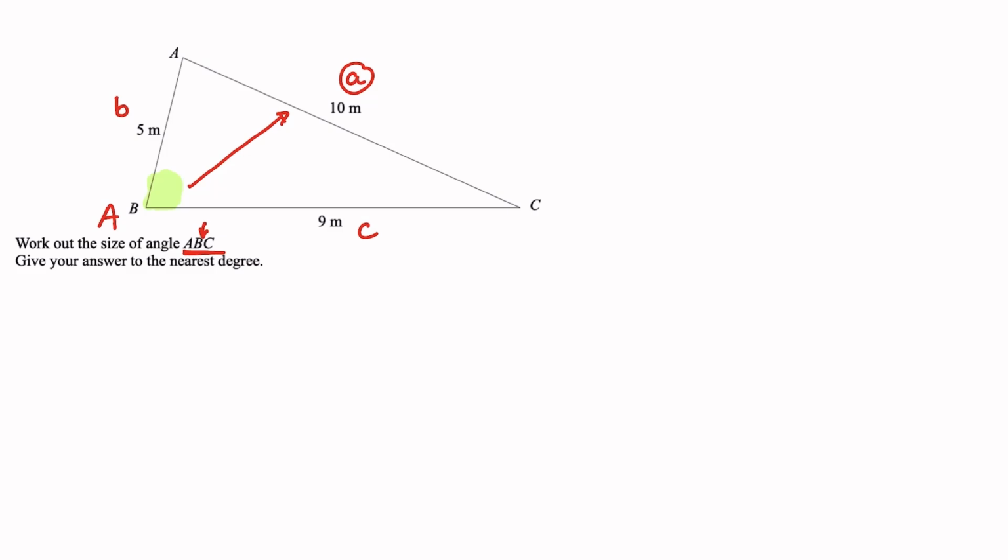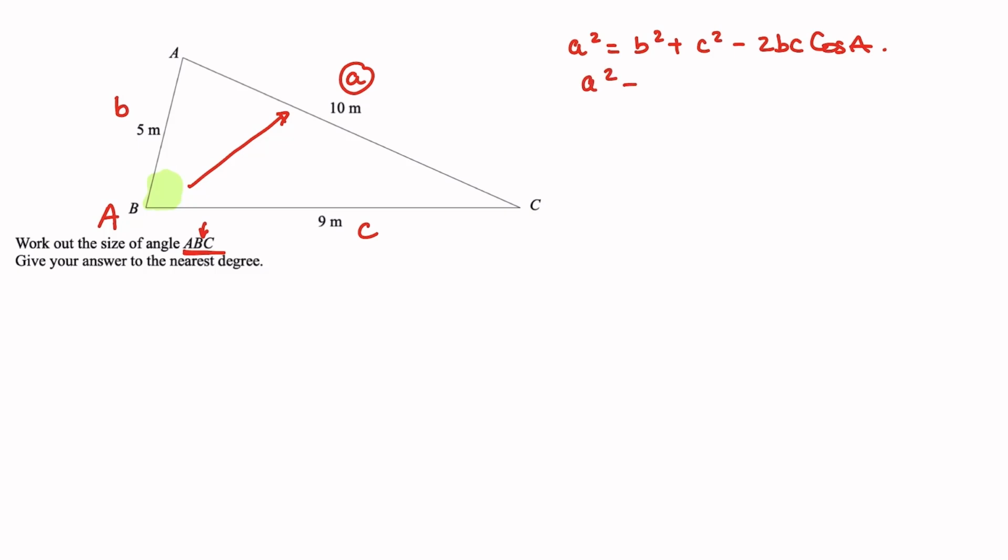As I said, with the cosine rule, it is very, very important to identify the angle A and the side a correctly. If we get that wrong, then the whole question will be wrong. So very quickly, the equation for the cosine rule is a squared is equal to b squared plus c squared minus 2bc cos A. We're rearranging by taking the minus 2bc cos A to the other side.